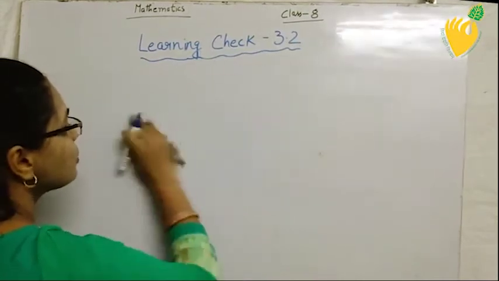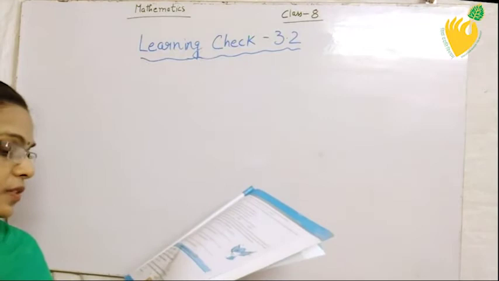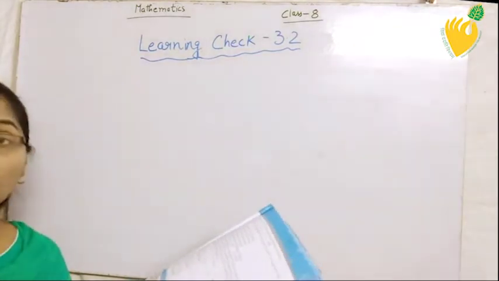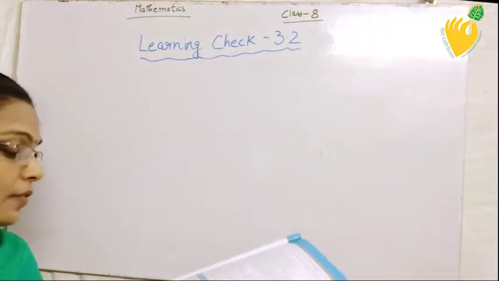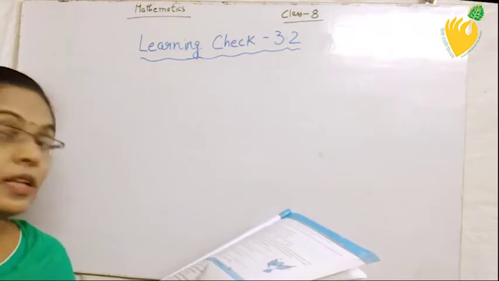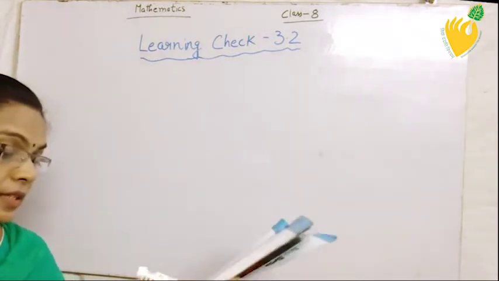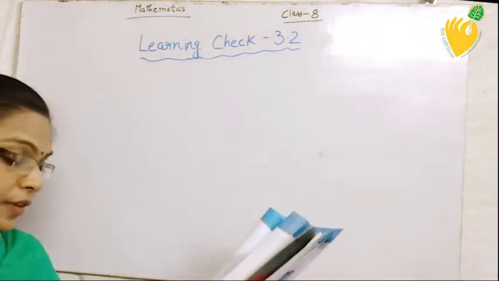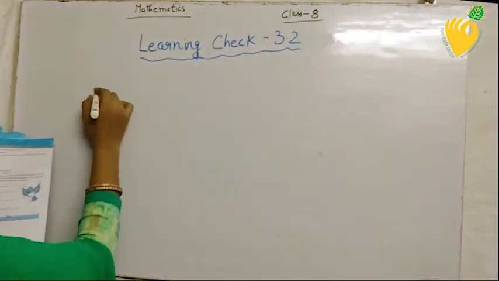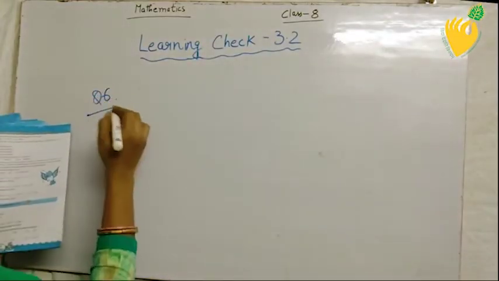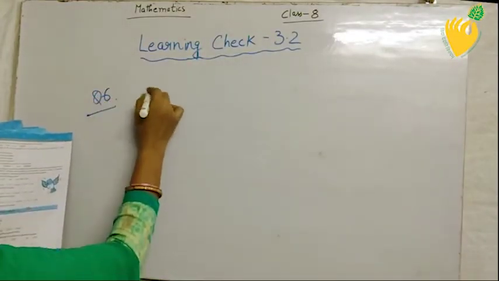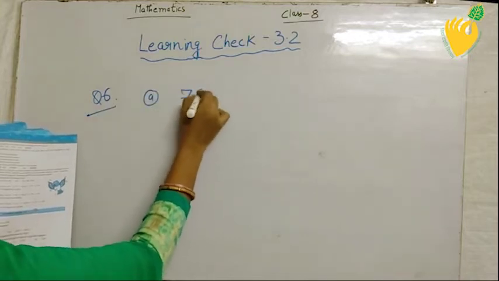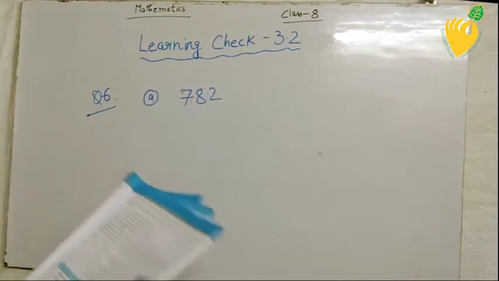Now students, let's see the next question. Question number 6, which is also based on the property of the perfect square. Give reasons to show that none of the numbers given below is a perfect square. 782.